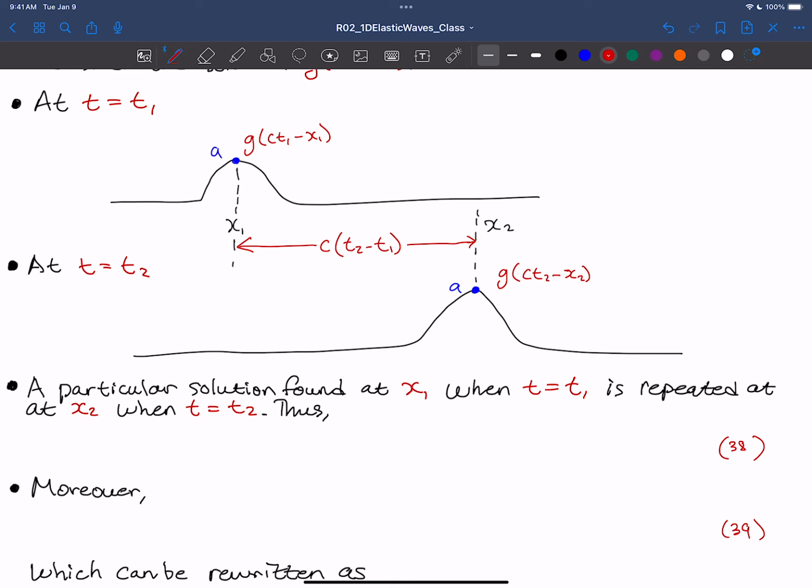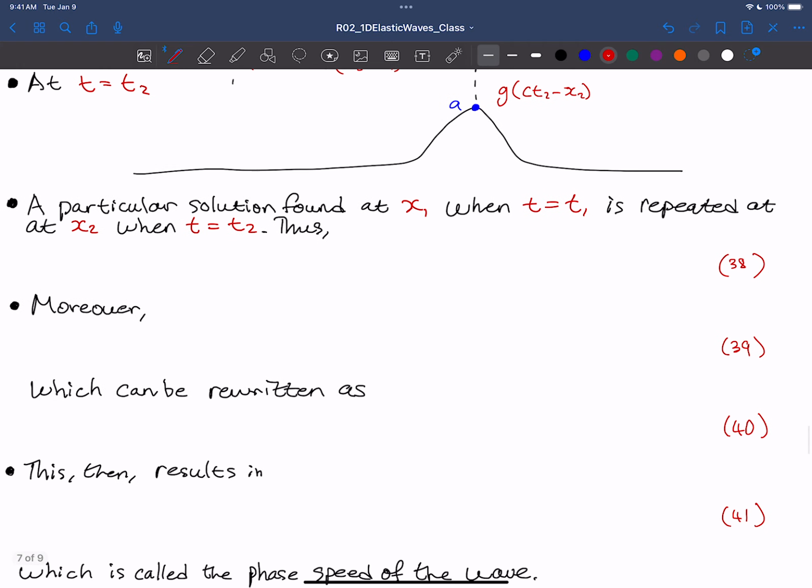equal to t2. And so what that tells us is that g of ct1 minus x1 is equal to g of ct2 minus x2.